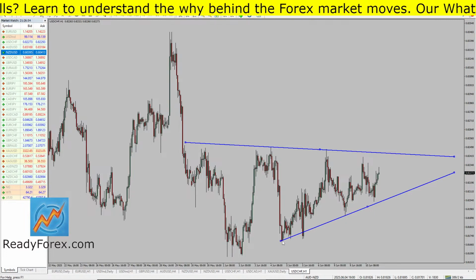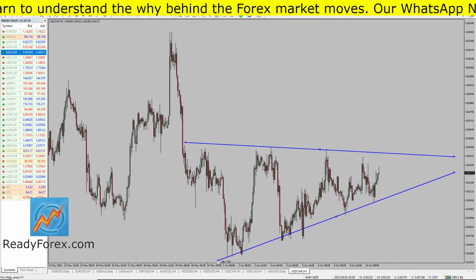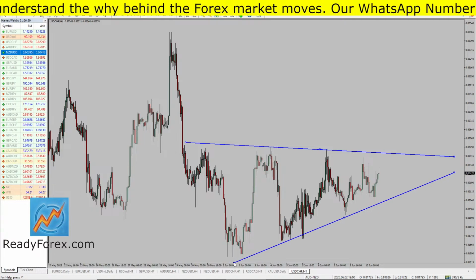As far as the wave count is concerned, I'm also going to label it as well.